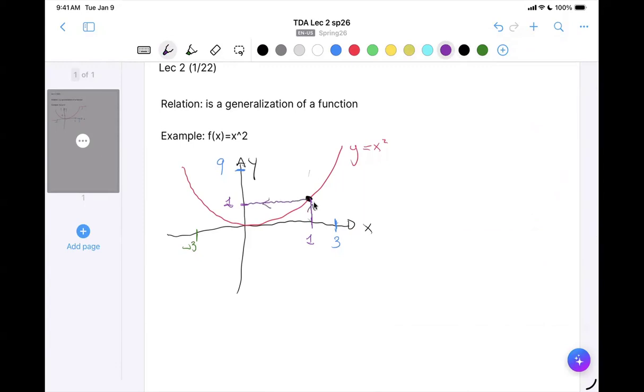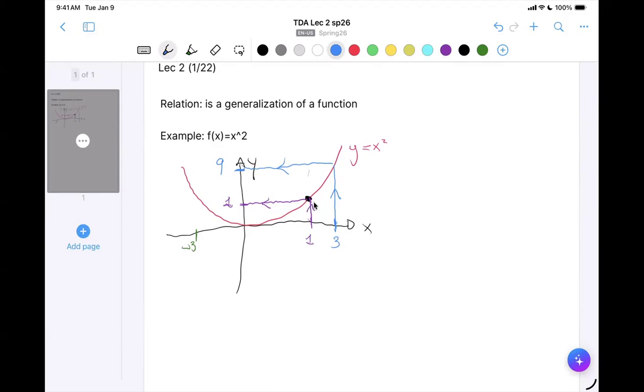The way I'm thinking about it now, you're using the function to connect the number 1 on the x-axis with the number 1 on the y-axis, and the same with the others. If you have the number 3 in the input, the output is 9. So the function is establishing some sort of connection between the two, or a relation, as we'll talk about in a moment.